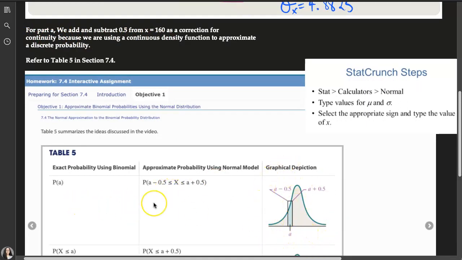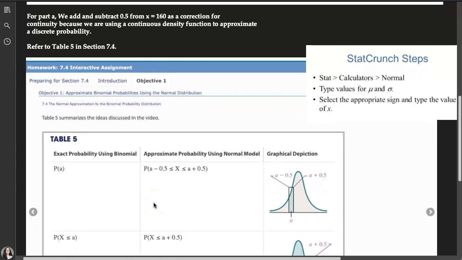I'm going to fill this table in with what we're being asked to do in part A. To find the exact probability using the binomial, we find the probability that x equals 160. We are going to approximate that probability with the normal model. We have to correct for continuity, so we add and subtract 0.5 from that special value we're looking for.